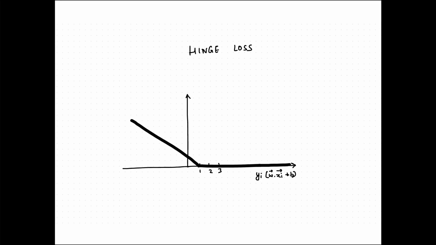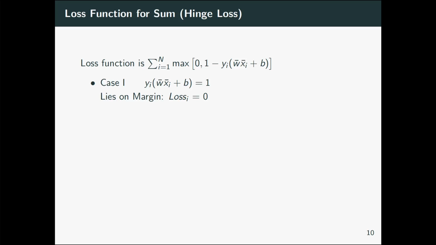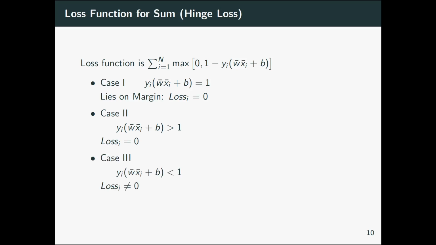Now we can again just verify the loss function for the different cases. As I was mentioning, for case 1, if the points lie on the margin, then yi (w xi plus b) is equal to 1, and thus the loss of the ith example is 0. Case 2, if it is on the correct side of the margin but not on the margin, then the loss is 0. Case 3, yi times (w xi plus b) is less than 1, so there is a non-negative loss.